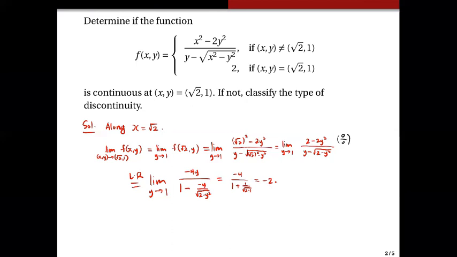What does that mean? The function is already not continuous. Therefore, we have answered that the function is not continuous.